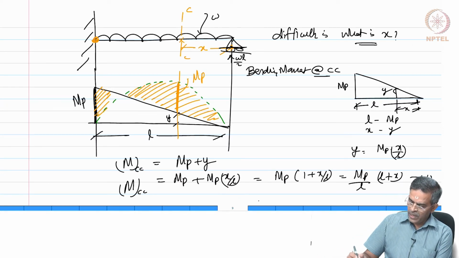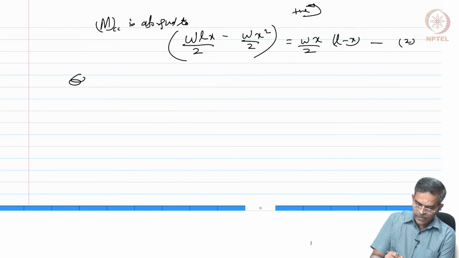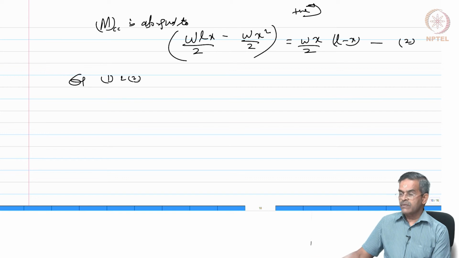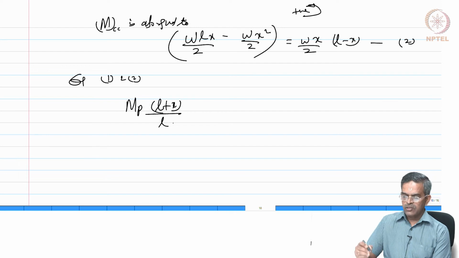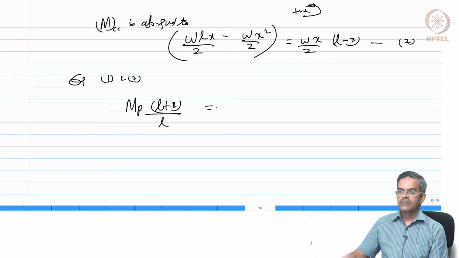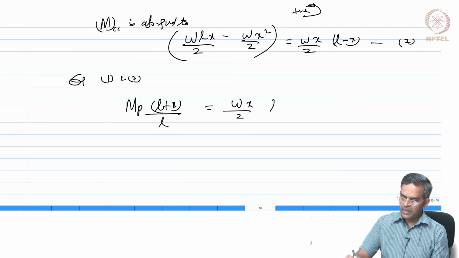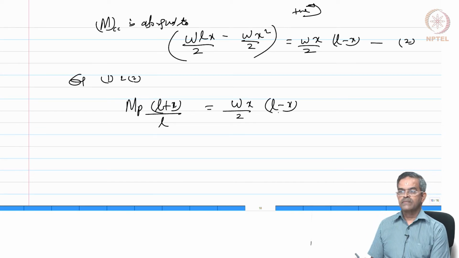Let us equate 1 and 2. So, we can easily do that. So, MP into (L plus x) by L should be equal to Wx by 2 times (L minus x).